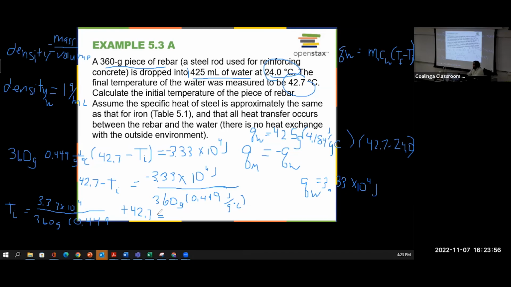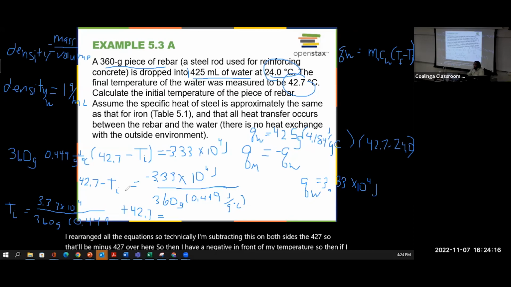Good question. Why did I change to a negative from a positive? Because I rearranged the whole equation. So technically, I'm subtracting the 42.7 on both sides, so that would be minus 42.7 over here. Then I have a negative in front of my temperature.